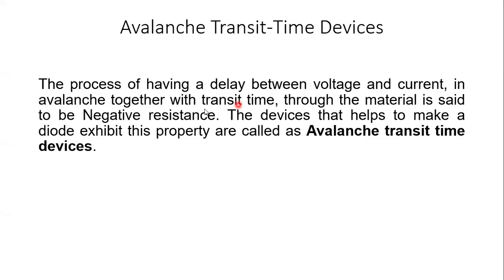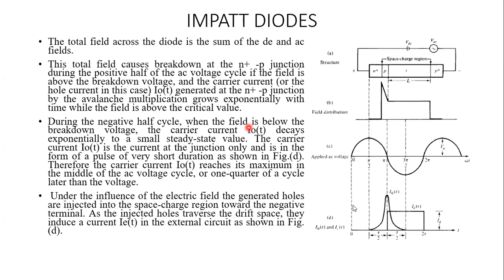The process of having a delay between voltage and current in avalanche, together with the transit time through the material, is said to be negative resistance, because the current is increasing and the voltage is decreasing. So a negative resistance behavior is found in this IMPATT diode.